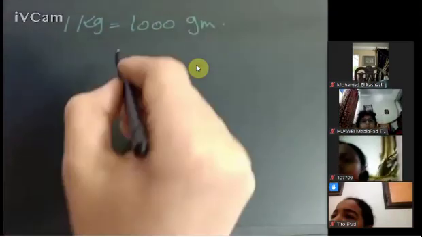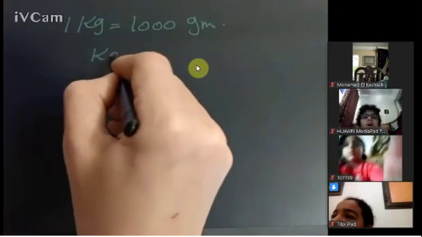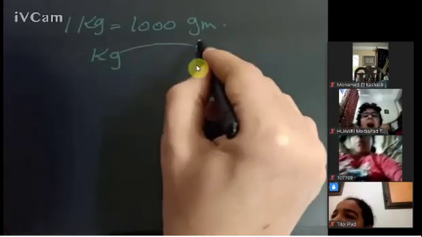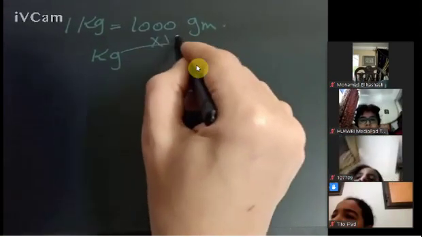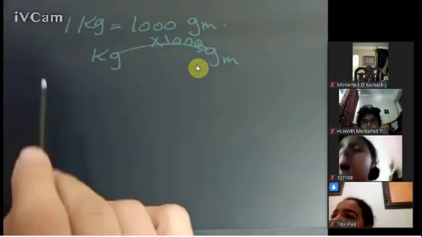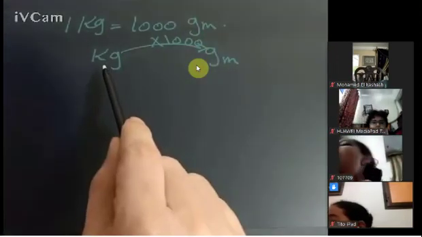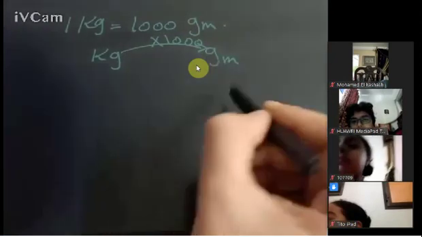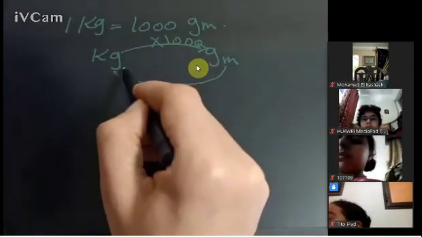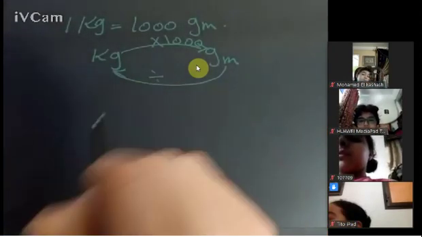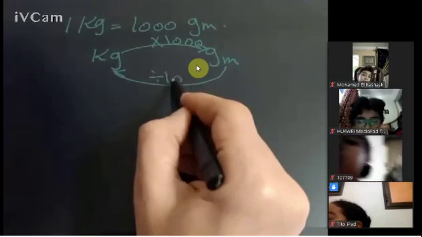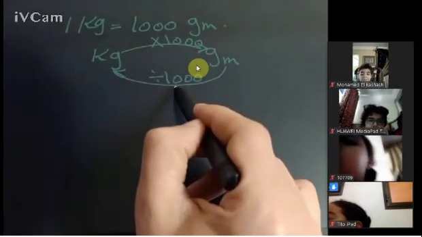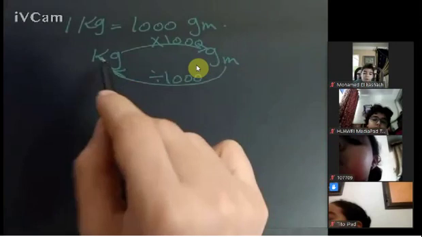That means to change from kilogram to gram, we multiply by 1000. Why multiply? Because it's from kilogram to gram, from big to small. What about the opposite? It's divide 1000. From gram to kilogram, divide 1000 because it's from small to big.